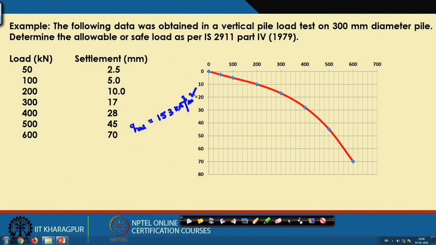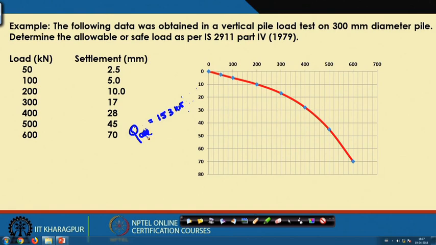That is the Q allowable based on the IS code. I solved this problem for the single pile when I discussed the single pile load test.